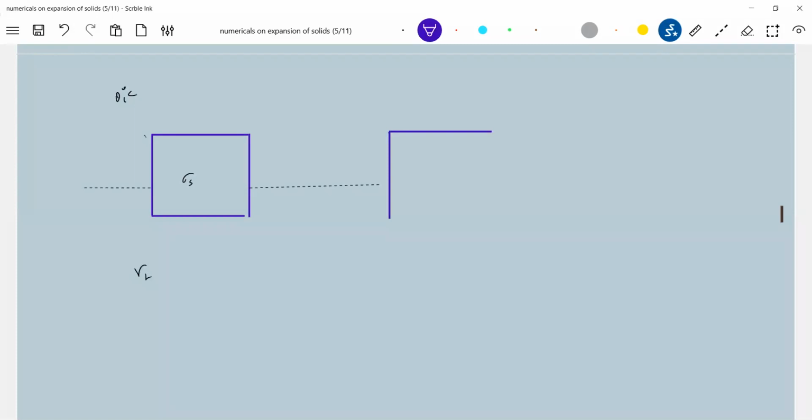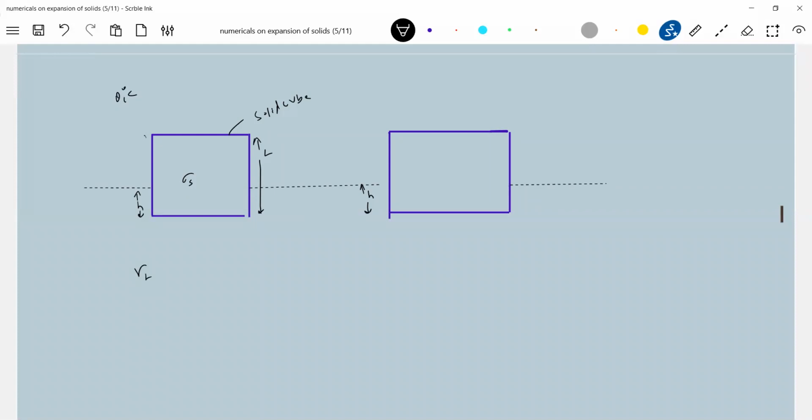Try to follow the diagram. This H, I'll write it. It's a solid cube, side length equal to L. What is the relation between alpha and gamma?